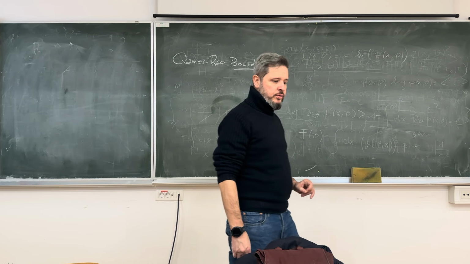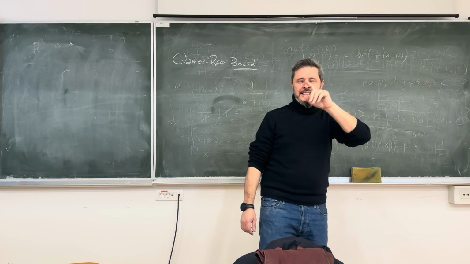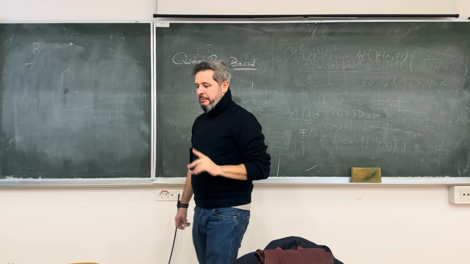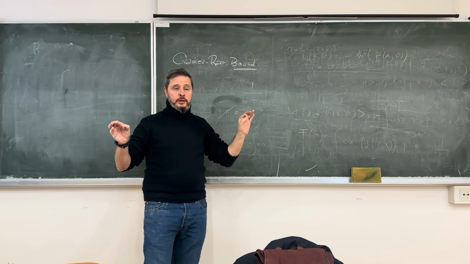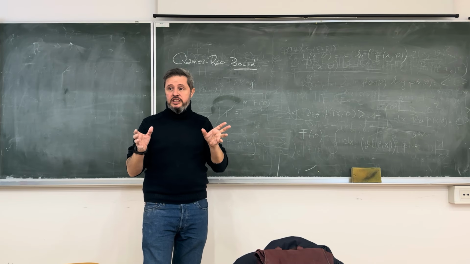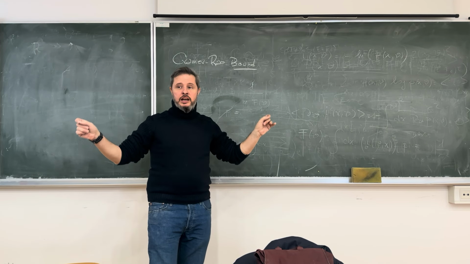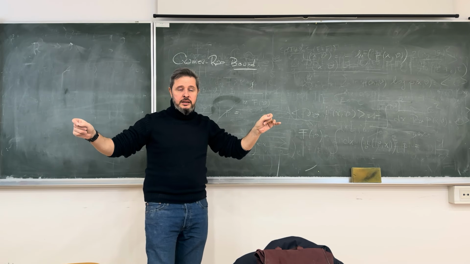The bound is saturated by the maximum likelihood estimate, and that's what it is. The maximum likelihood estimate consists in doing the following. You have a probability distribution that depends on theta, and you have a set of outcomes of your measurement, x1, x2, x3, xm.